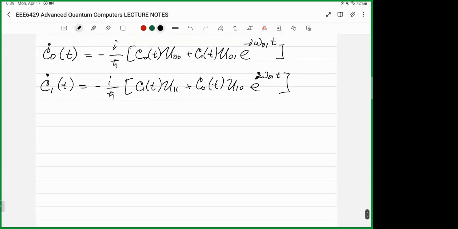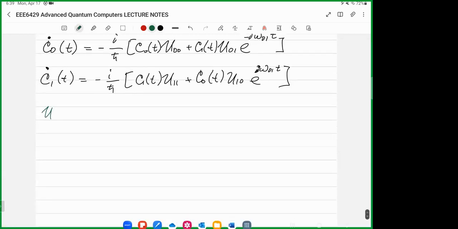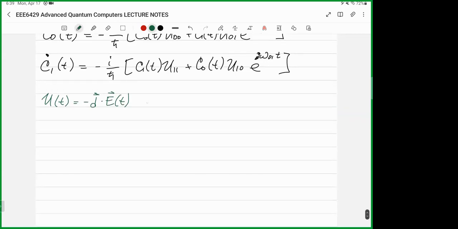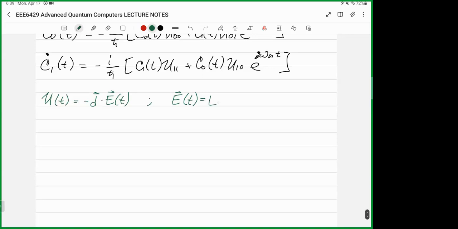So now at this point, I recall that the interaction Hamiltonian is equal to minus d times E. And I assume that my electric field is a cosine function, so I have this amplitude with polarization and cosine omega t.